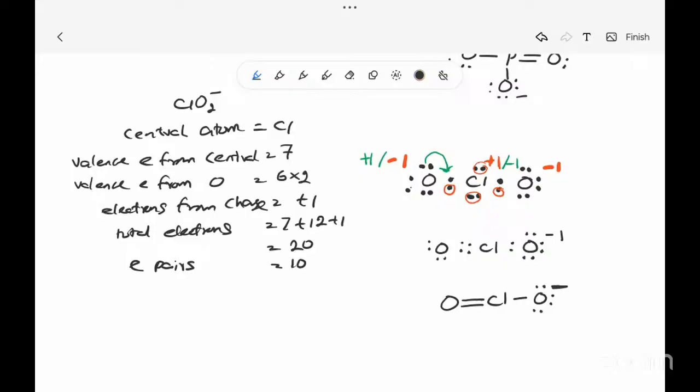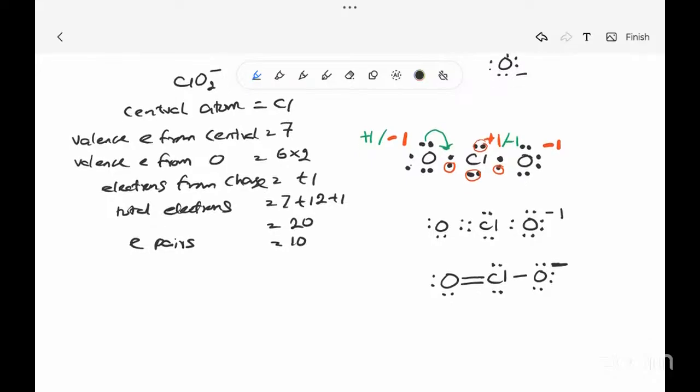The minus charge is here. This is ClO2. And sorry, we have 2 lone pairs on top of chlorine as well. That also needs to be mentioned. This is how we draw the ClO2 minus ion.